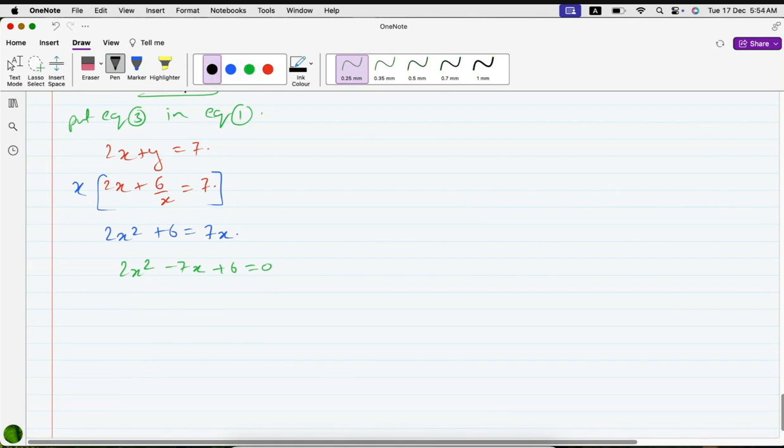That is 12. 12 is either 12 into 1, 6 into 2, 3 into 4, and 3 and 4 could be adjusted to make 7.